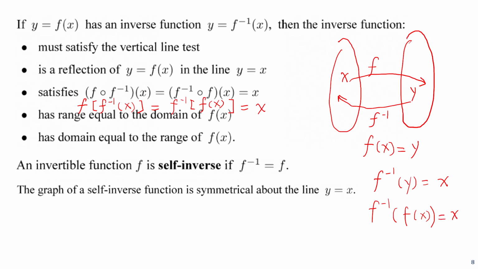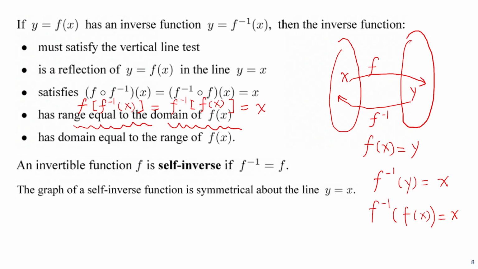So that is this relationship here. So using the same method, you can also prove this one equals x, right? And the domain of the original function is the range of the inverse function. You see that? And the range of the original function is the domain of the inverse function, right?